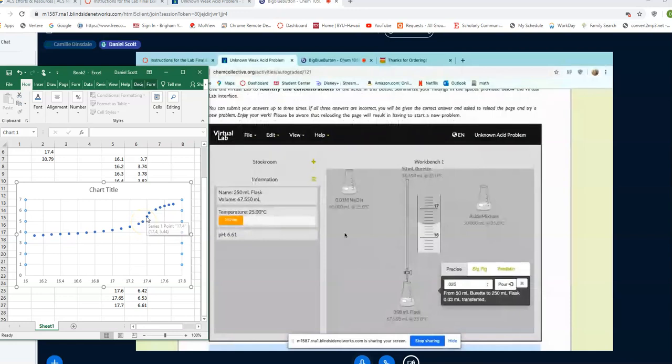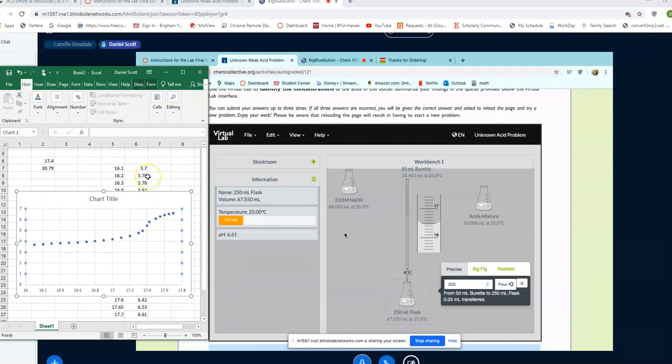So 17.35 and 17.4. So it's in between there. Or maybe it's right at 17.4. What did we do last time? 17.4. Oh, brother. This is so fun. 17.35 to 17.4. Maybe it's 17.375.